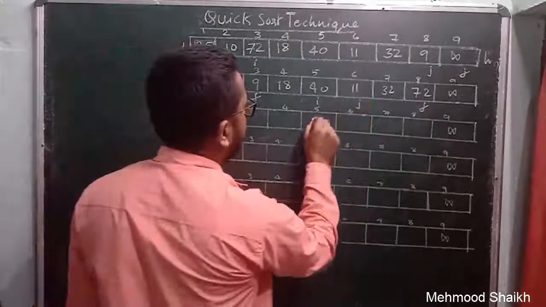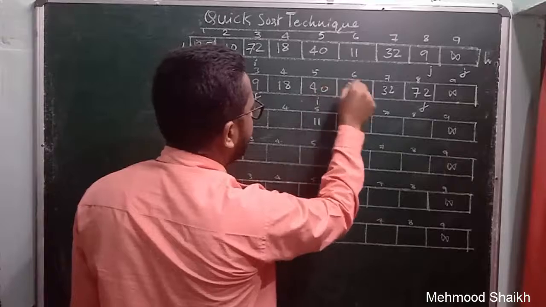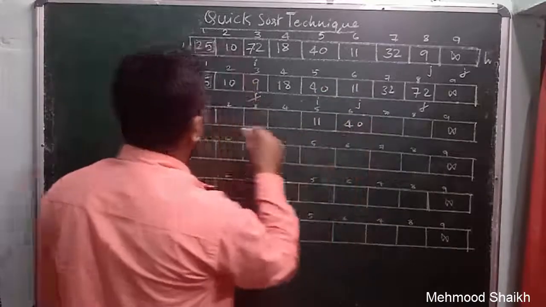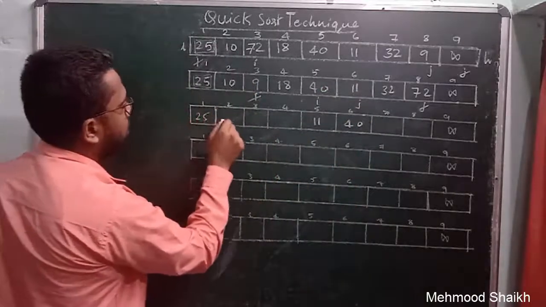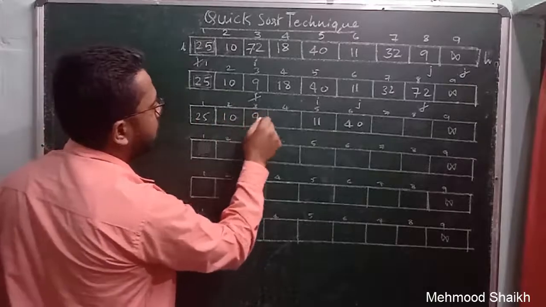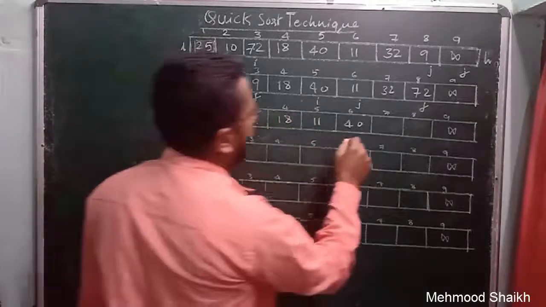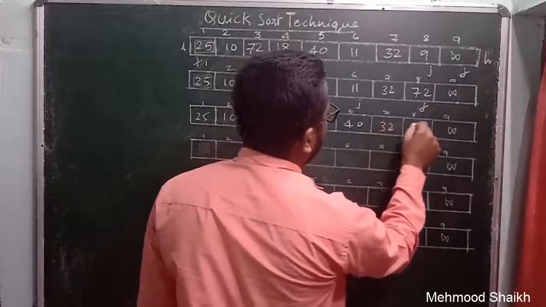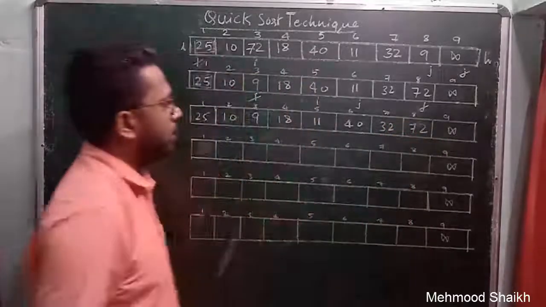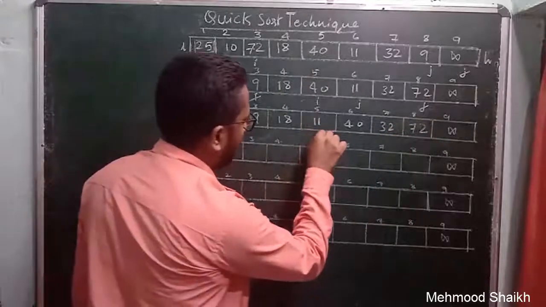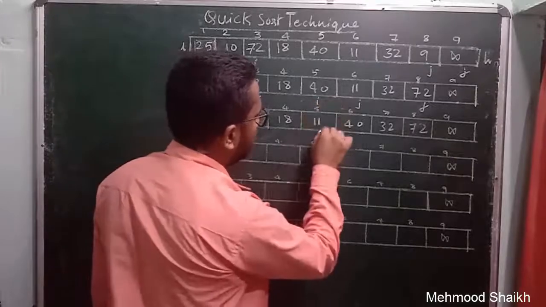I will put 11 in the place of 40 and 40 in the place of 11, and the rest of the elements I will keep as they are: 25, 10, 9, 18, then 32, next is 72.